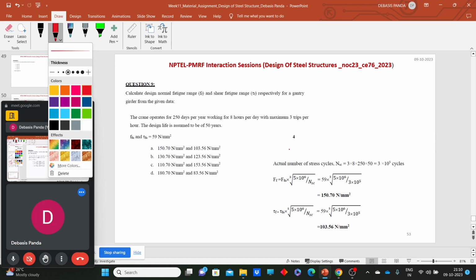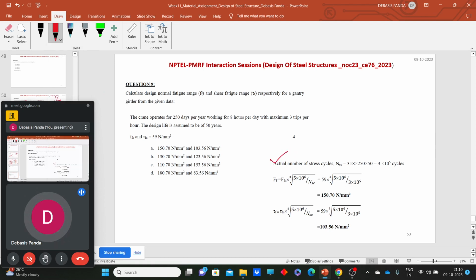First we need to calculate the actual number of stress cycles. The maximum 3 trips per hour is given, the 8 hours are given, and 250 days is given. Just multiply these, so we can calculate the stress cycles.